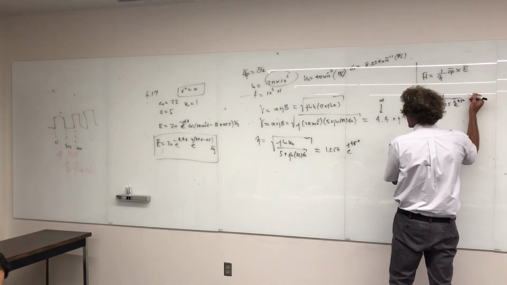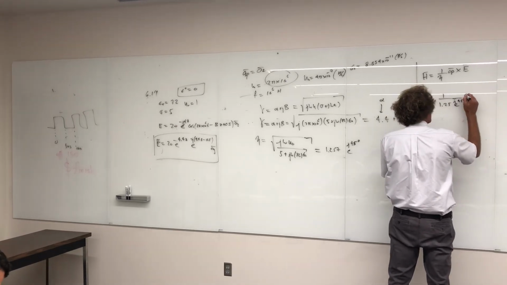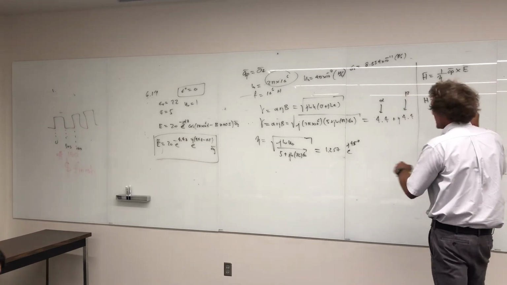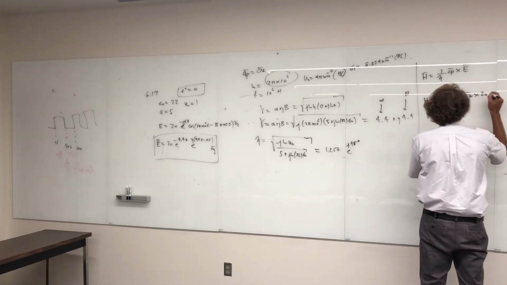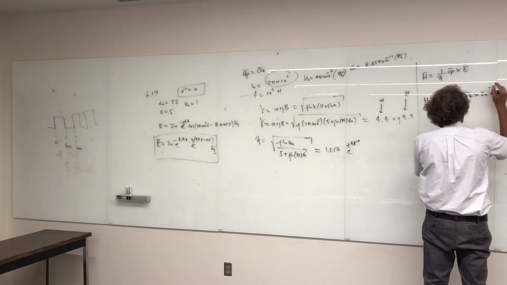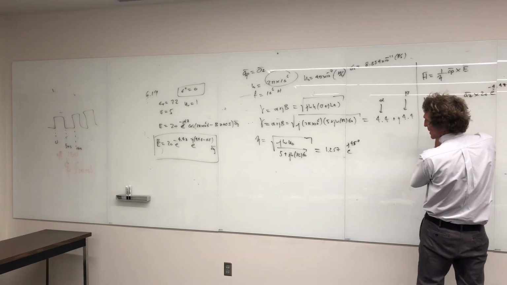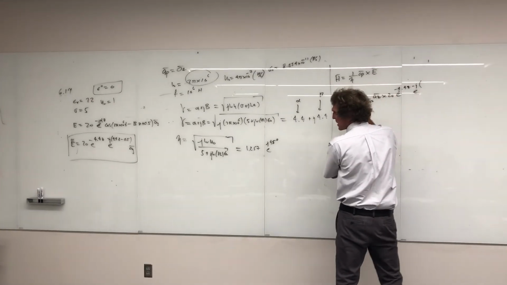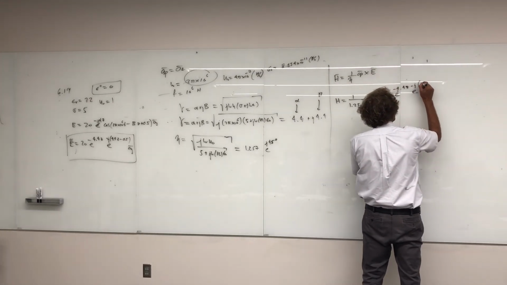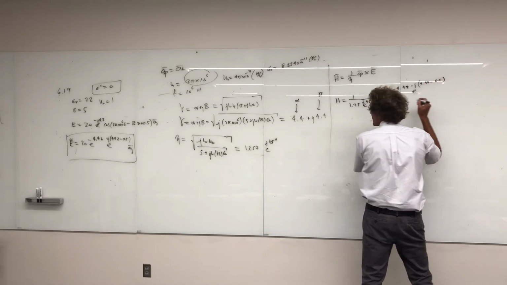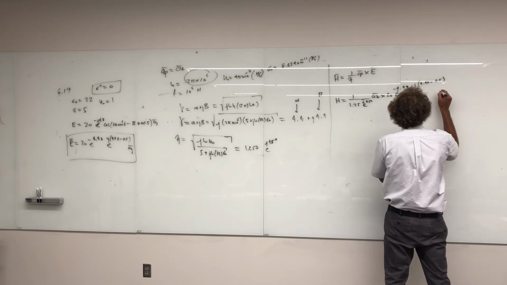Unit vector in the direction of propagation is just a_z, crossed into the E field, and the E field is 20 times e to the minus 4.4 z times e to the minus j 4.4 z minus 0.5, and that's in the a_y direction.